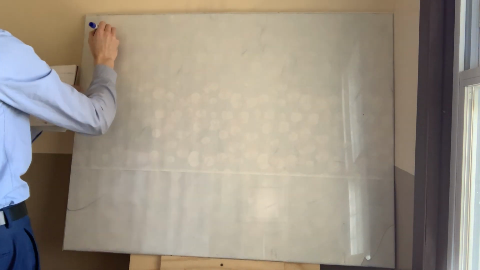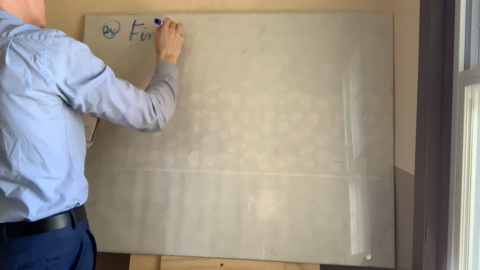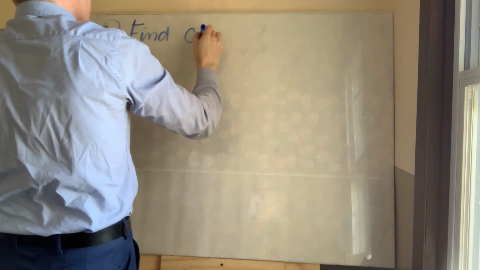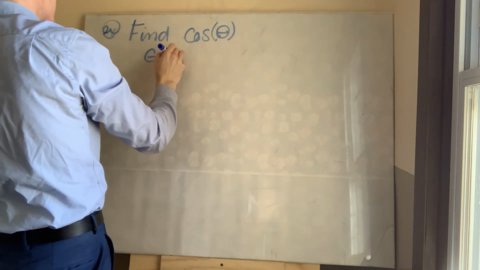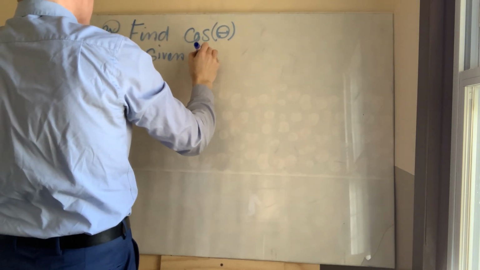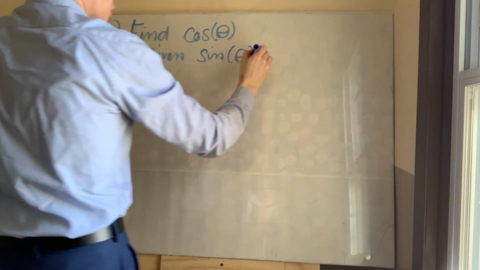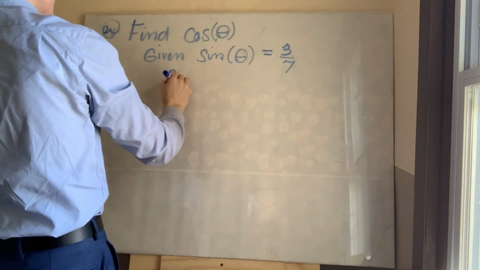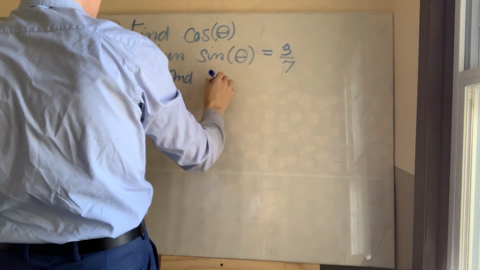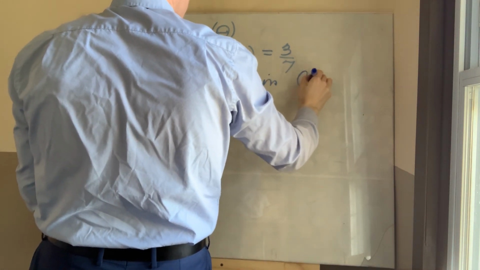Let's say that you had as an example to find the cosine of an angle theta, given that the sine of the same angle theta is this ratio, 3/7, and that the angle is in quadrant 2.